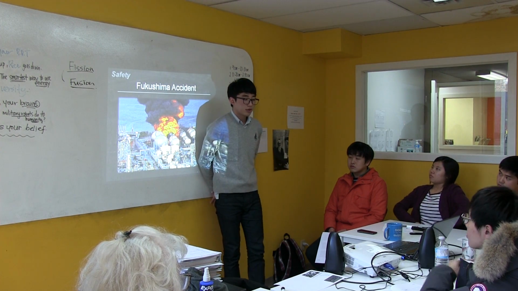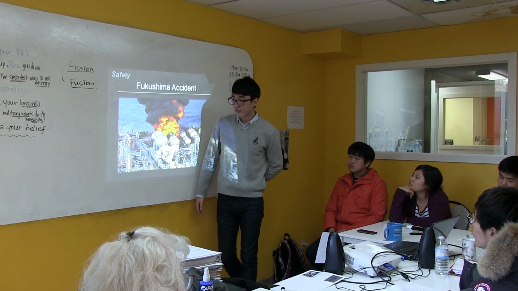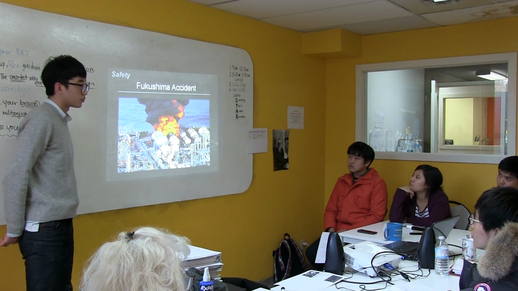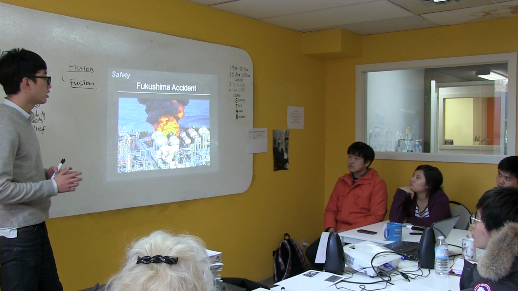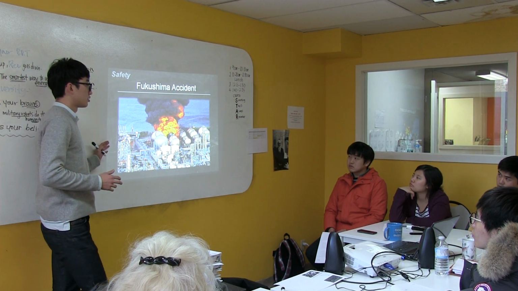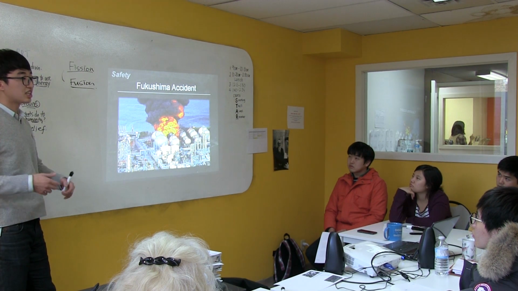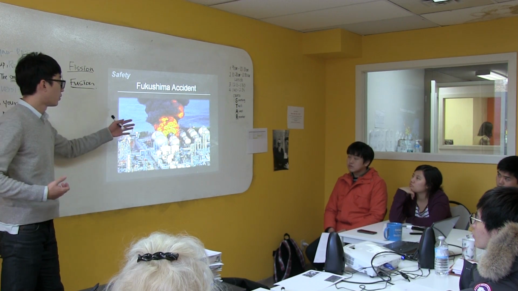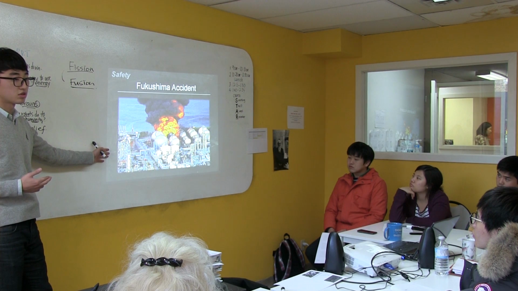Okay, let me talk about the Fukushima accident more specifically. The reason why it happened in 2011 was that there was a huge tsunami, and because of the huge tsunami, there was a blackout. So in the nuclear power plant, they could not generate any electricity and could not get any electricity. So they failed to control the nuclear reaction.